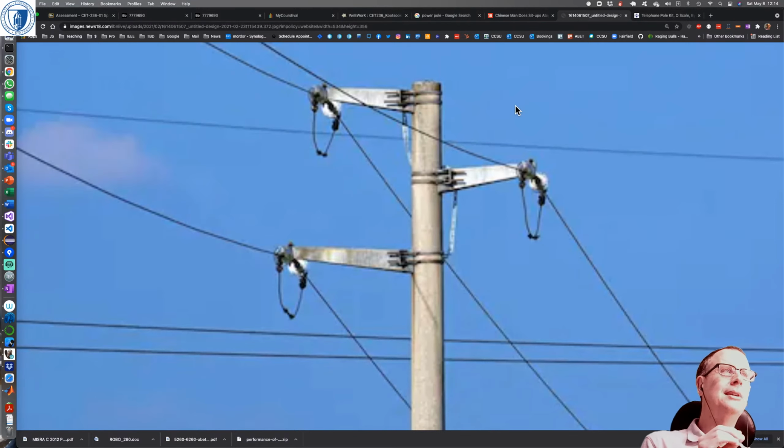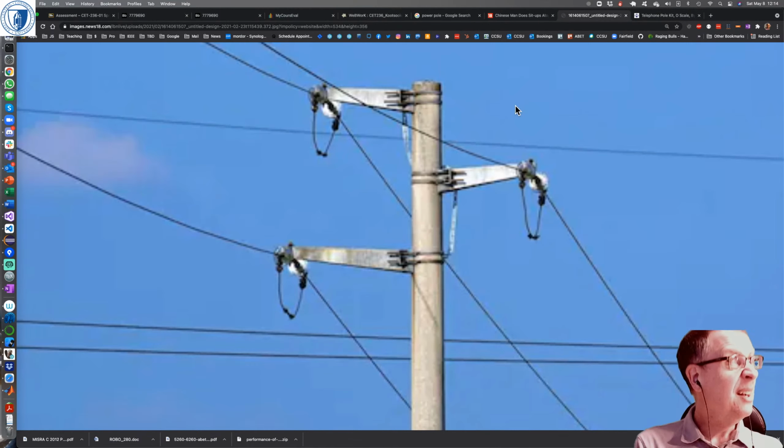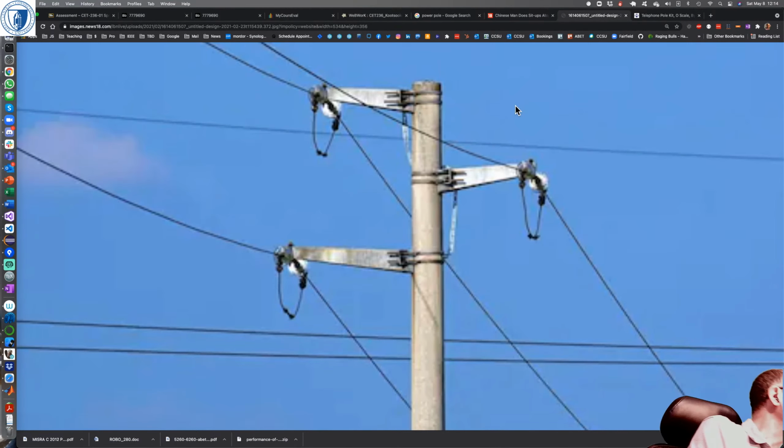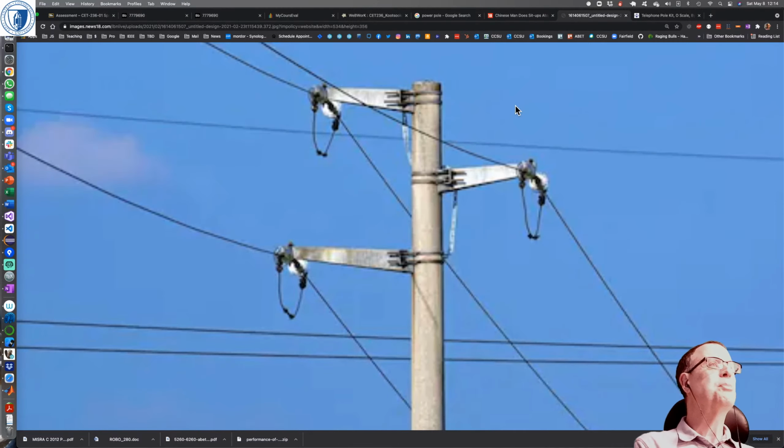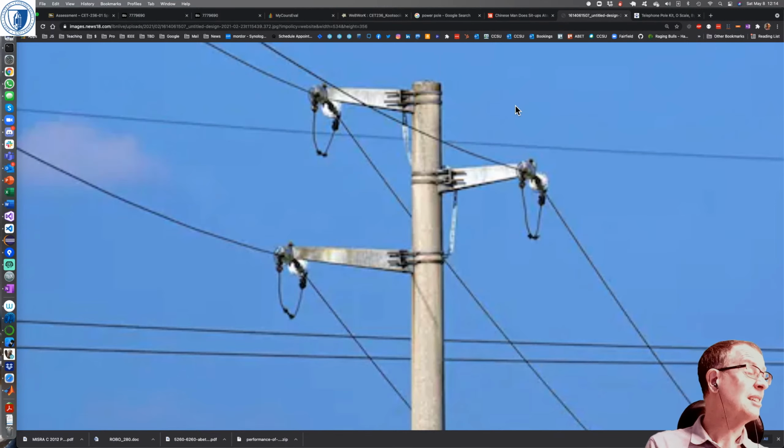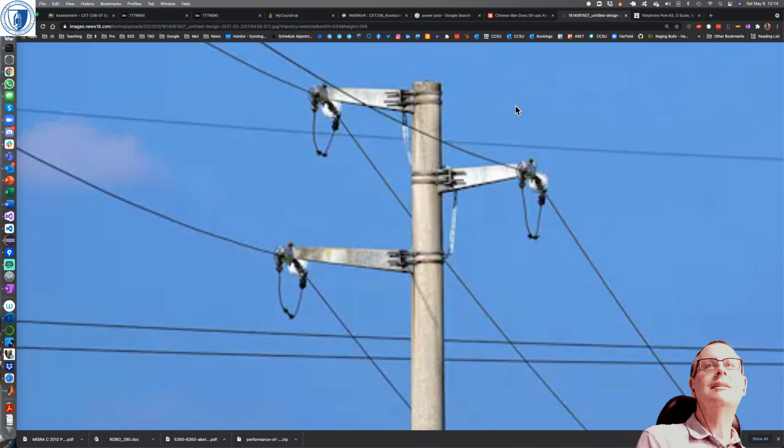But you'll see that 3 of the wires are really similar in setup. This is an example from a picture on the web. I was going to try and take a picture out of my window, but because it's spring, all the leaves are in the way.